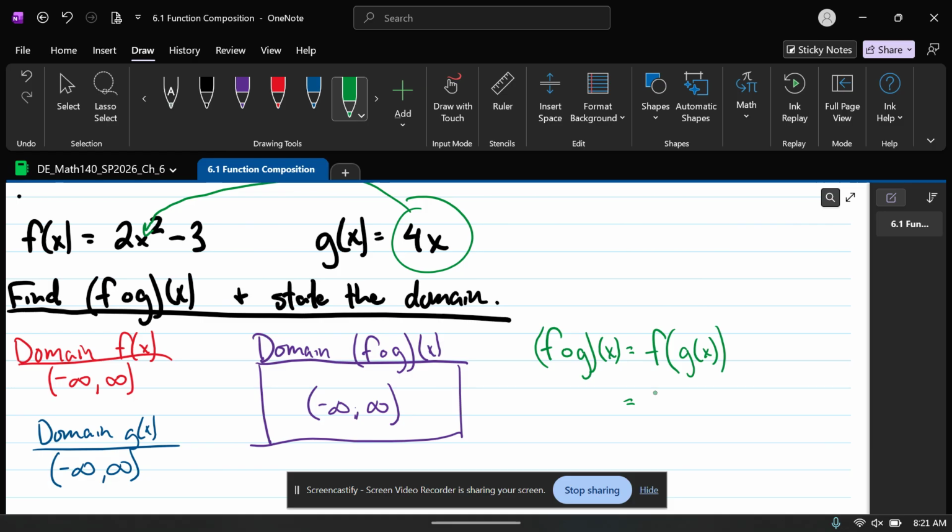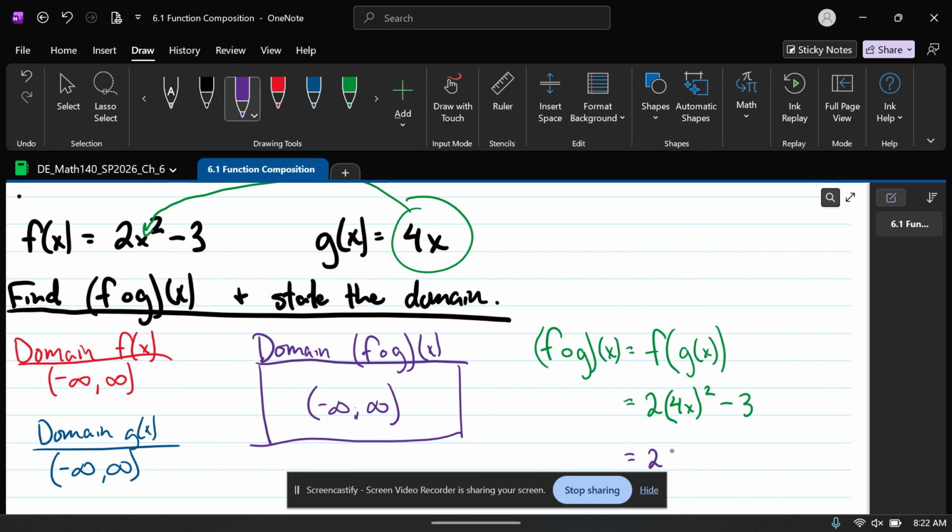So we have 2 parentheses, and then we got 4x, and that's squared because that x was squared, and then minus 3. And we're going to simplify that. So what happened first? Squaring the 4x. So what's that turn into?